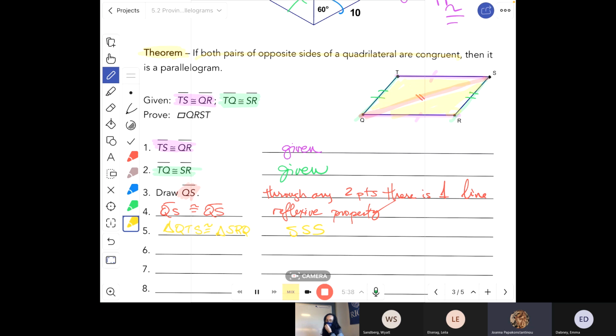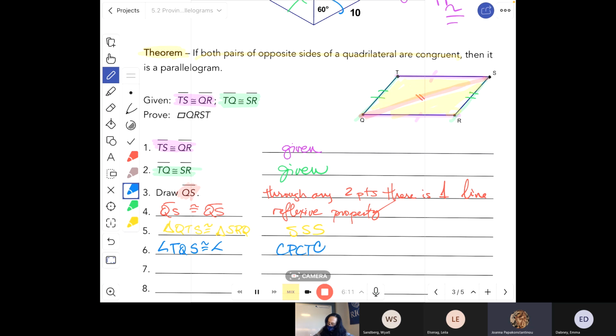And of course, once you can prove that two triangles are congruent, then what do we know? We have a whole lot, right? But once we prove two congruent, yes. So let's be a little bit more specific. By CPCTC, we can say that angle TQS is congruent to what?